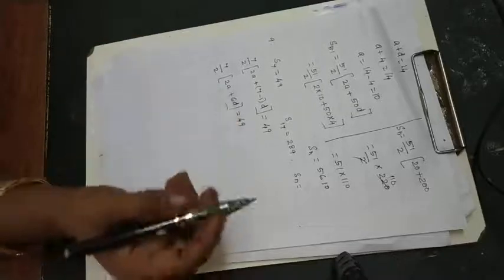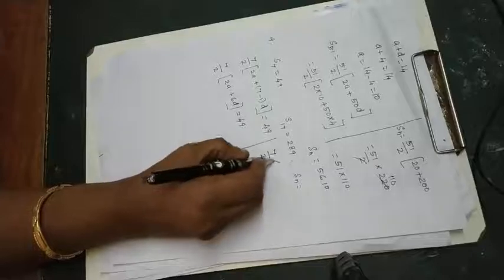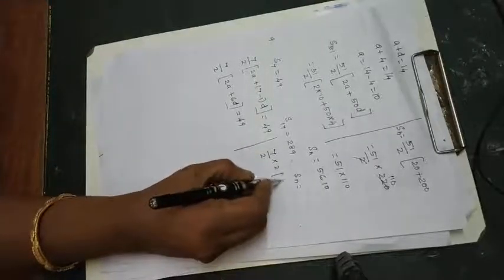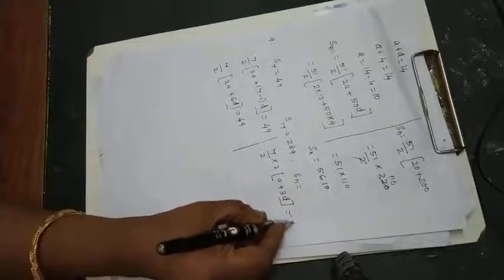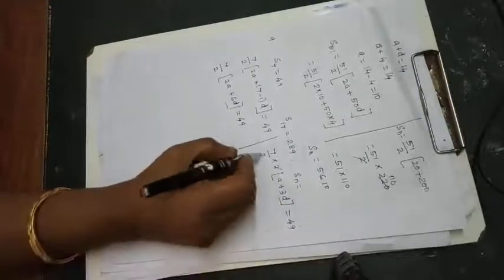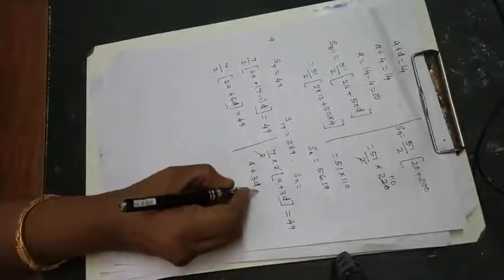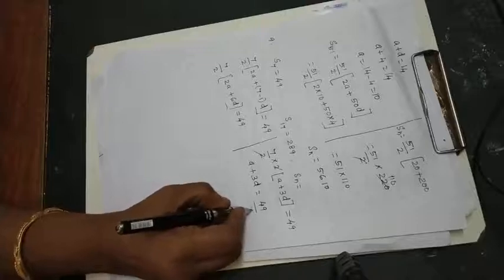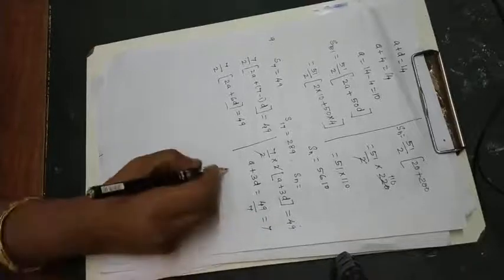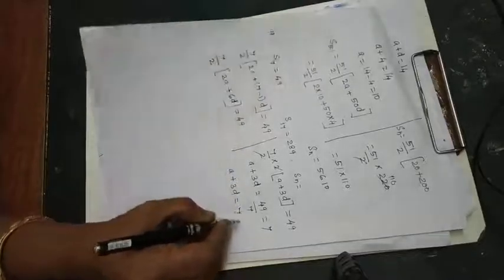Or you can take 2 outside: 7 by 2 into 2, (A plus 3D) will be equal to 49. Now that 2 you can cancel, so A plus 3D will be equal to 49 by 7, that is 7. So A plus 3D equals 7. That is the first equation you are getting.